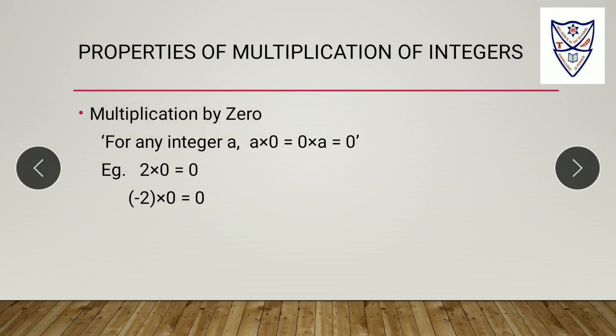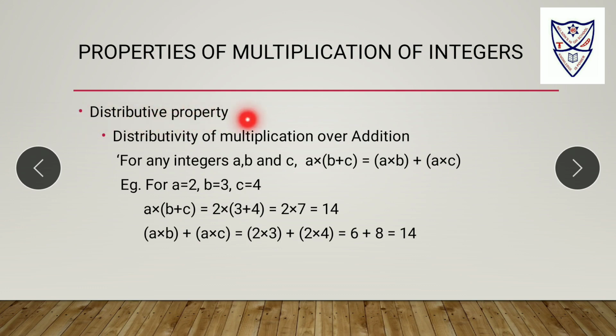Now multiplication by 0. For any integer a, a multiplied by 0 is equal to 0 multiplied by a is equal to 0. That means 2 multiplied by 0 is 0, minus 2 multiplied by 0 is 0. That means if you multiply any integer with 0, you will get the answer 0.